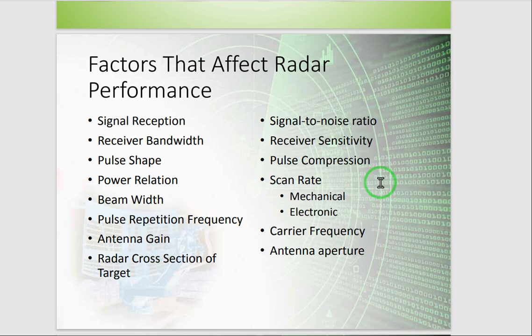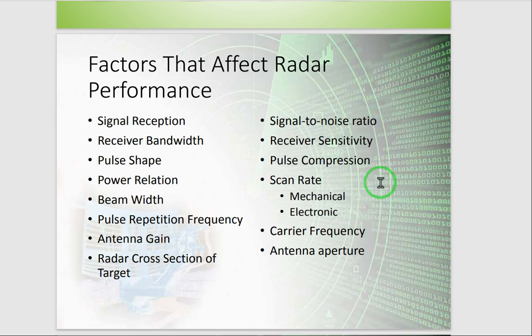The receiver bandwidth, pulse shape, power relation, beam width, pulse repetition frequency. If the pulse repetition frequency is varied more, then the radar is not able to detect the object efficiently.